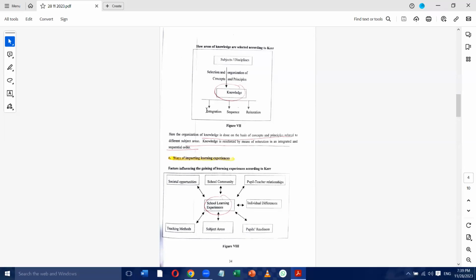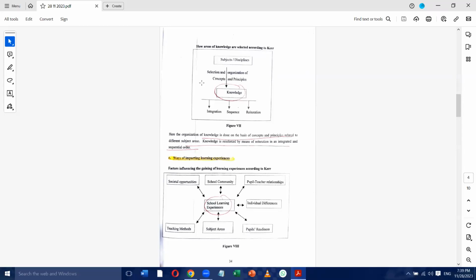Each and every part of the subject matter content should be integrated with another. And also there should be a sequence, as we were talking about yesterday, from the basic to the complex, from the known to the unknown. There should be reiteration also, because you have to reinforce, again and again, putting that knowledge forward to the students.